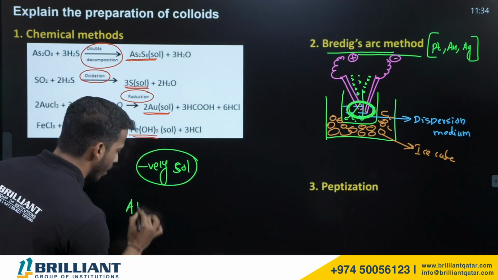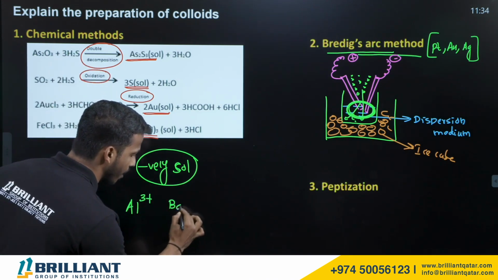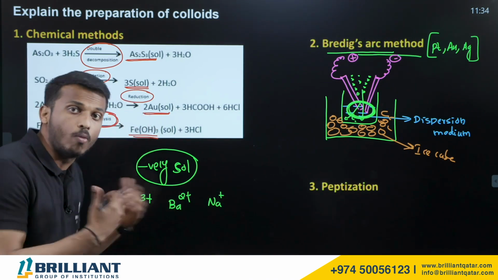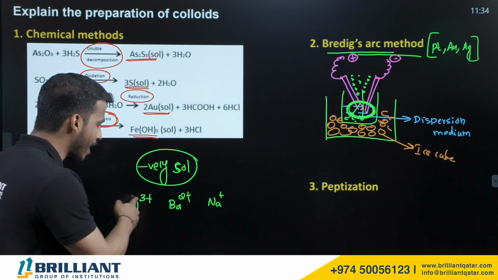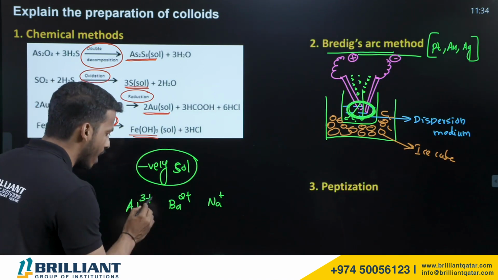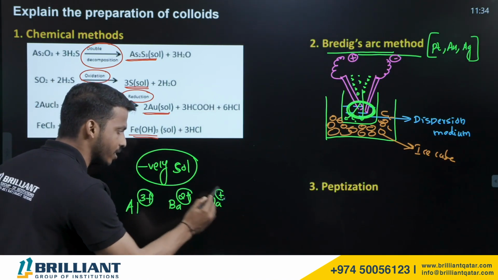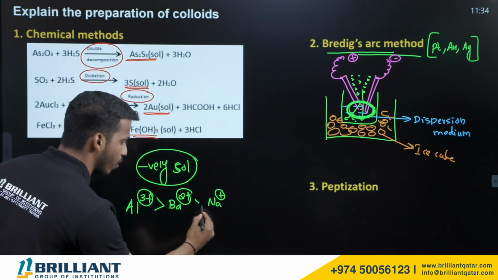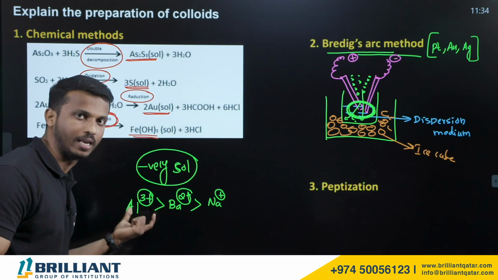We studied Al3+, Ba2+ and Na+. If you consider these species, which can make coagulation faster? Al3+. According to the Hardy-Schulze rule, as the charge of the ion increases, its coagulation power increases, so its coagulation power is greater for Al3+.